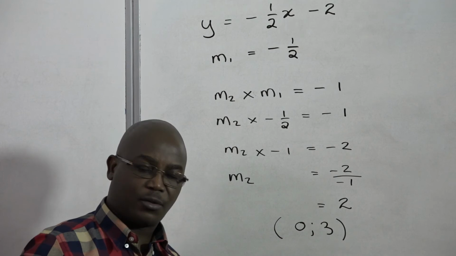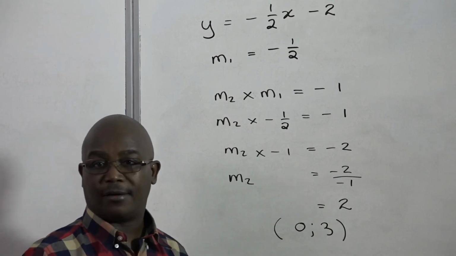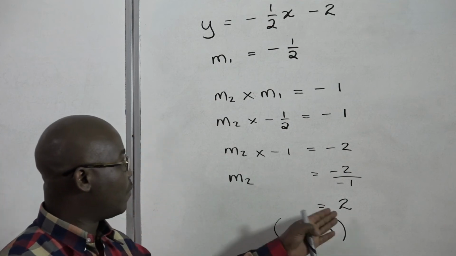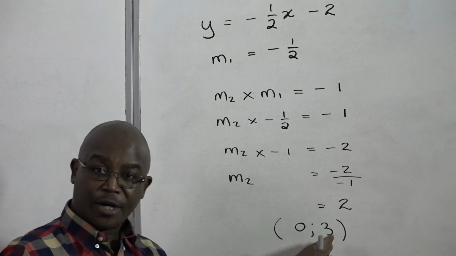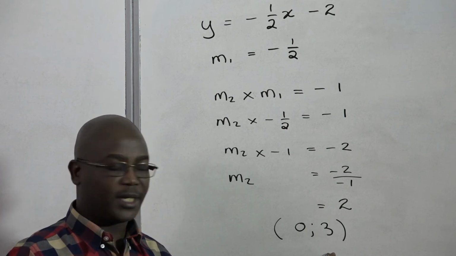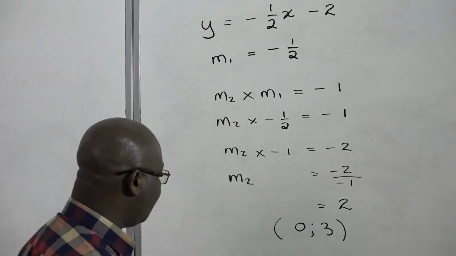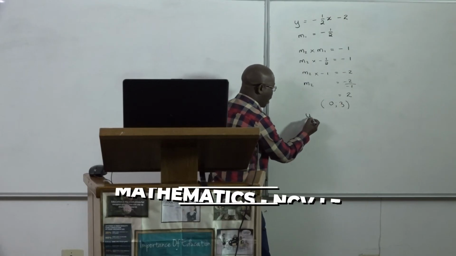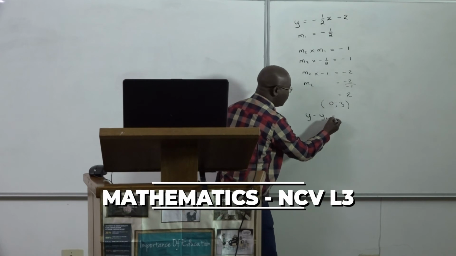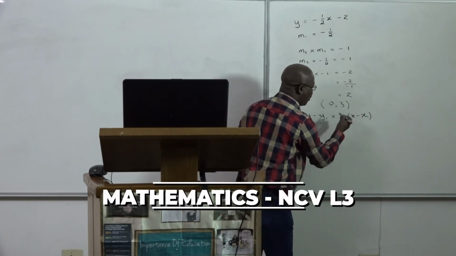Now we are equipped with what we need to determine the equation of the new line, line number 2, because now we have its gradient, and we know where it cuts the y-axis. Then we go back to our original equation: y minus y1 is equal to m in brackets x minus x1.